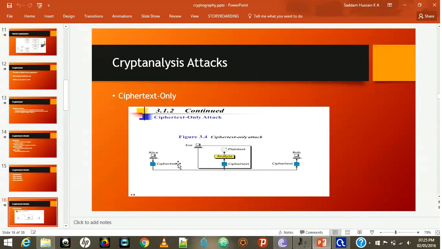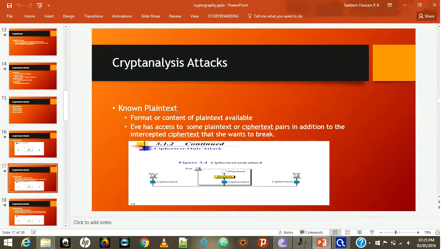While sending the ciphertext, Eve attacks it, and by applying some algorithm, that is analysis, she will get the plain text. This is called ciphertext only. Eve has access only to some ciphertext.